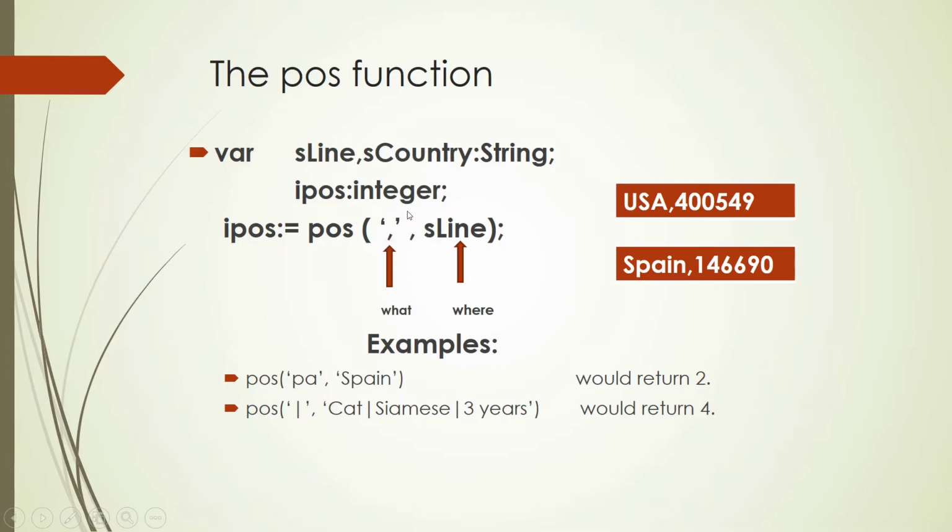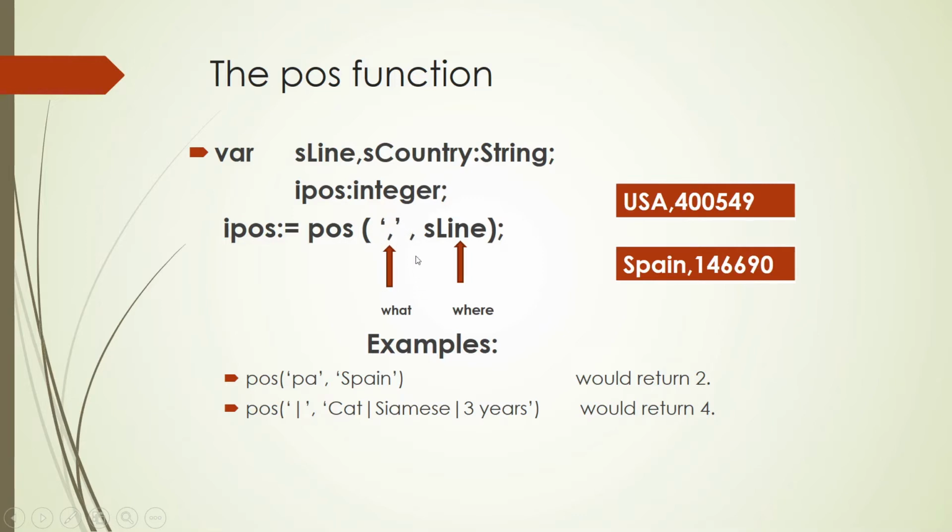Pos finds the position of a searched character in a string. In this instance, my string variable is sline, and the delimiter that I'm using in my example is a comma. So pos is going to find the position of the comma.